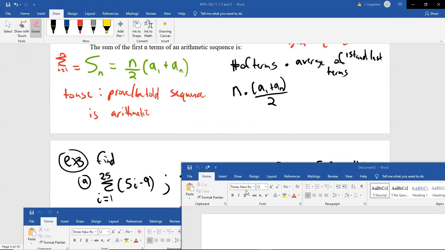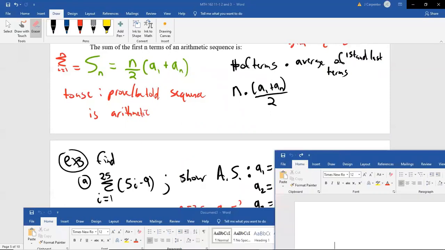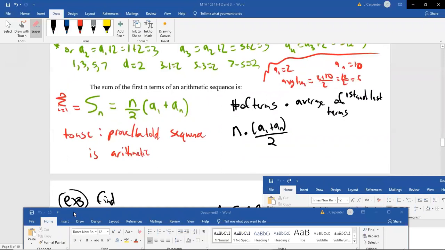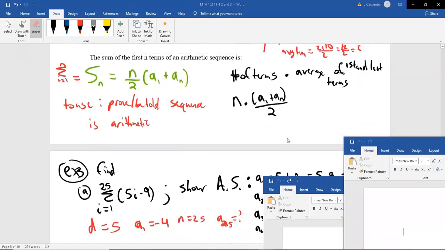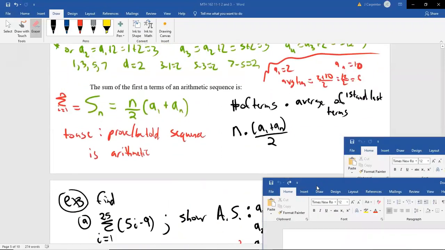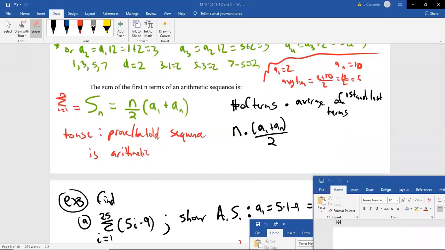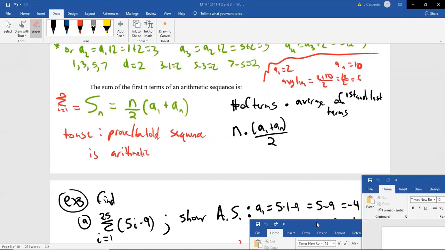So what's the first term? The first term is going to be 5 times 1 minus 9. Oh, geez, I've got too much showing up here. Let's scroll down, move this over here, this down, there we go. All right, so the first term is 5 times 1 minus 9, which is 5 minus 9, which is negative 4. I'm going kind of quickly because we're short on time.